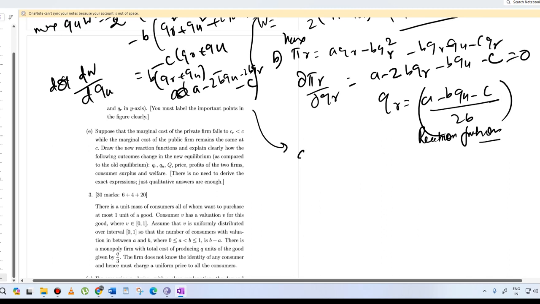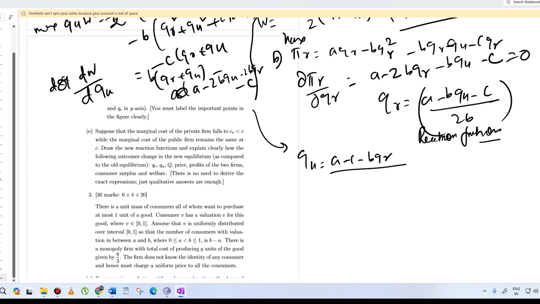That gives us QU equal to (A minus C minus B QR) by 2B. This expression gives us the public firm's reaction function, which represents the optimal choice of output QU for any given output of the private firm.